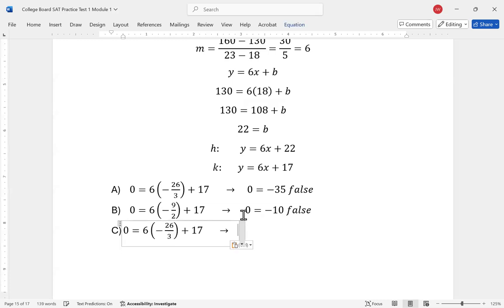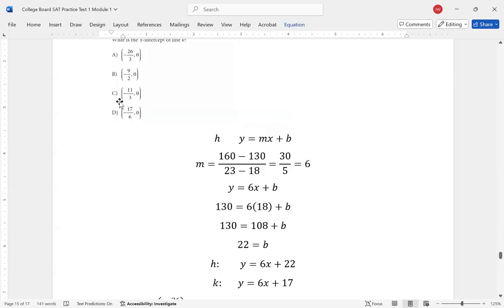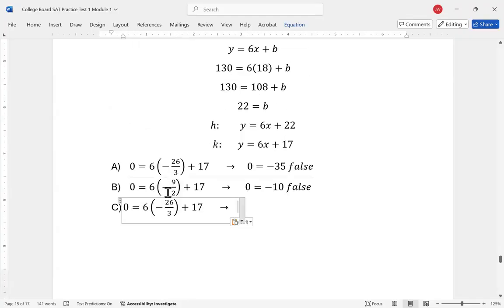So we go on to the next values. Negative 11 over 3 comma 0. Plug in negative 11 over 3. 6 times negative 11 over 3 plus 17 gives me negative 5. So I end up with 0 equals negative 5. That's also false, so that is not the correct x-intercept.